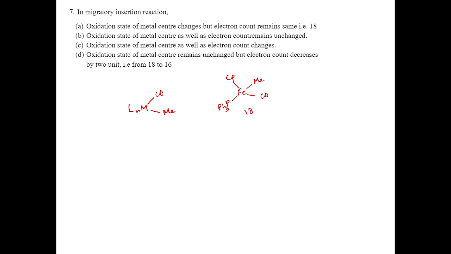So this is an 18 electron complex, right? If you do the calculation, you will find it is actually an 18 electron complex. Now if the methyl inserts into this carbon monoxide, that is a migratory insertion reaction, an alpha migratory insertion reaction. So what will happen?